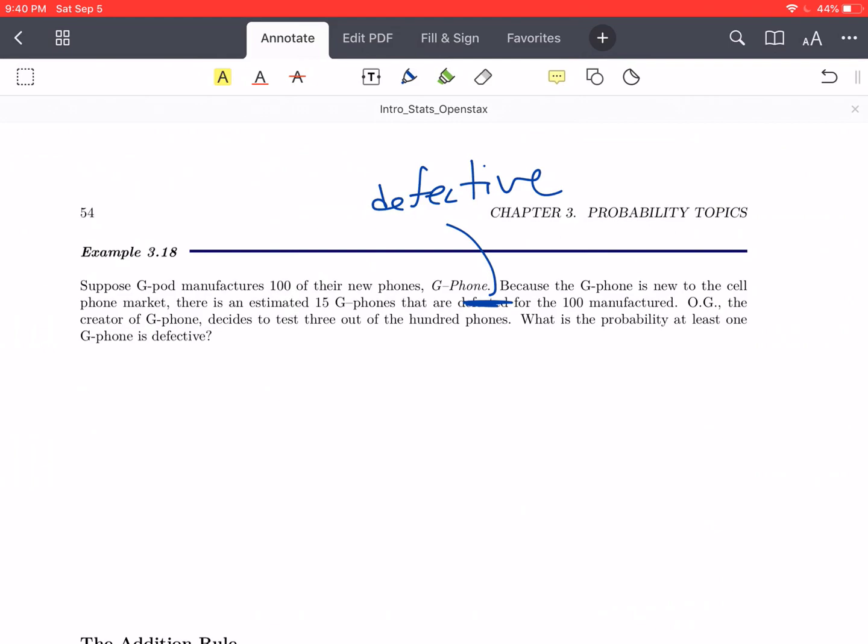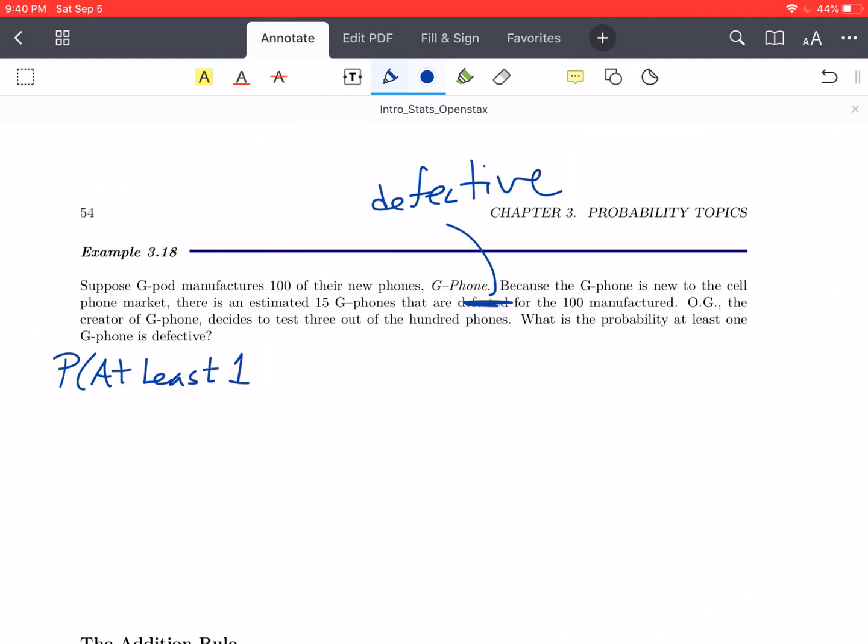OG, the creator of G-Phone, decides to test 3 out of the 100 phones. What is the probability at least one of them is defective? Okay, so we want the probability that at least one is defective.